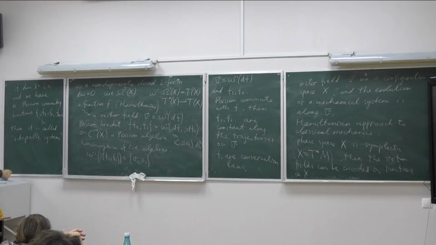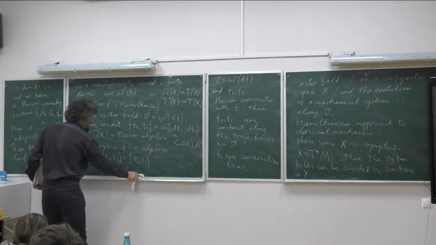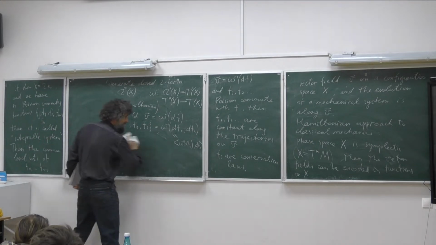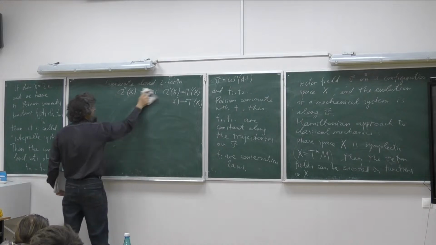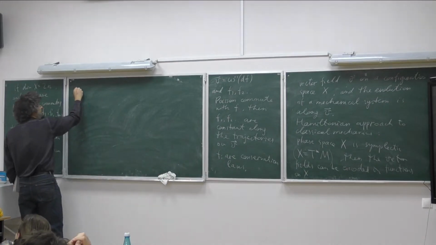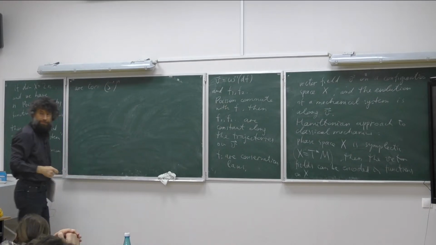Why? Because then the common level sets of f0 and so on, fn minus 1, generically are just tori, abelian varieties, powers of the circle. Okay?